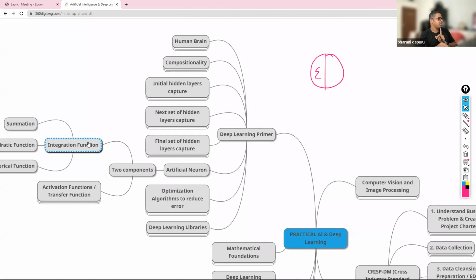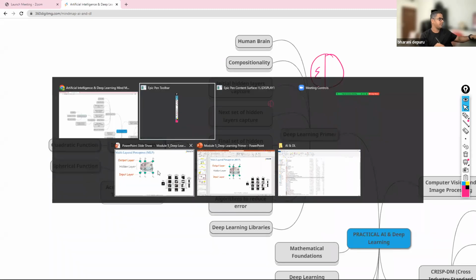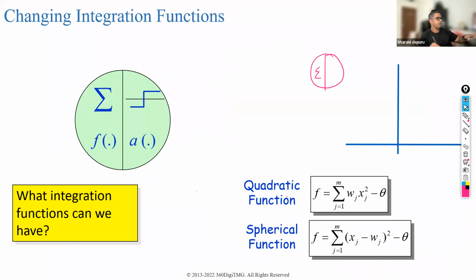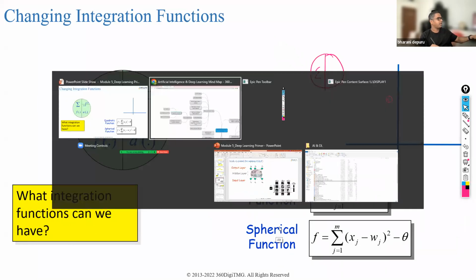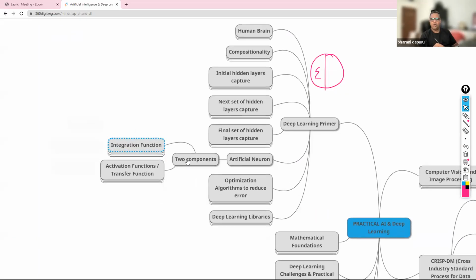Integration can be summation like this, quadratic function or spherical function, which we have discussed previously. Or you can have some other integration function, but usually summation is used. You can safely use summation, no issues.